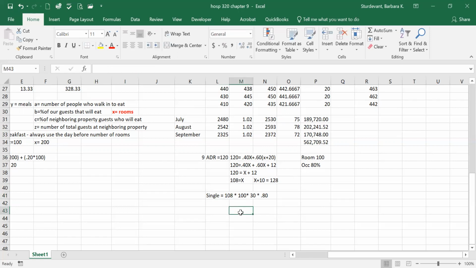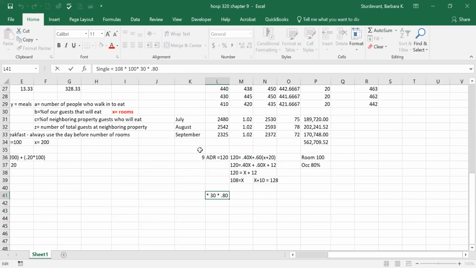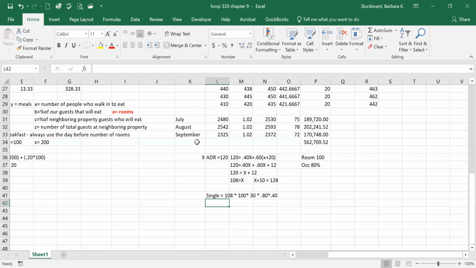Because we're doing single and double, we also have to put in the percentage of single rooms, which was 40. That's how we would find our room sales for the singles. It's your price, the number of rooms, number of days, and the occupancy. So we're not selling 100 a day, we're only selling 80.